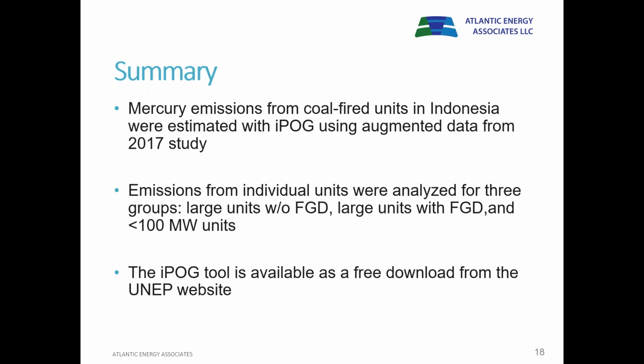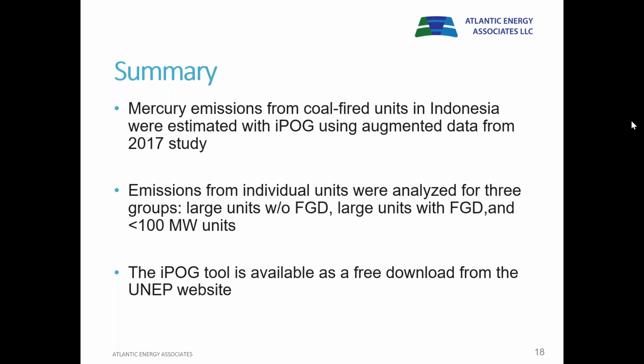So in summary, we have shown how to estimate mercury emissions from coal-fired units using iPOG, and we have based it largely on a groundbreaking study from 2017. We have analyzed the emissions from individual units, and Dr. Sloss will have a presentation later on that will describe this in detail.